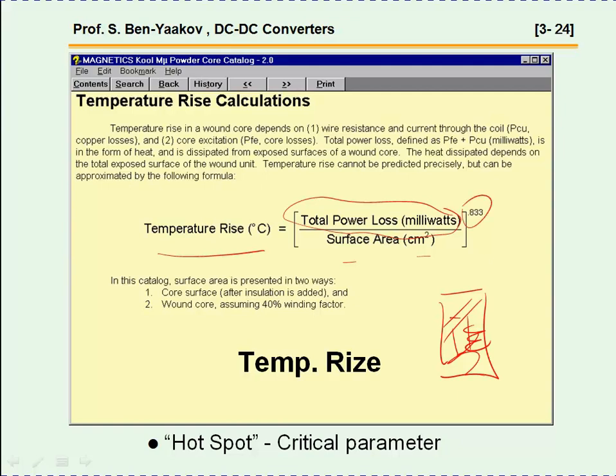This again was found experimentally, which is a first order approximation of temperature rise. So for each design, one has to decide what is the temperature rise that he allows, and once the core is designed, go back and check if the temperature rise is okay.